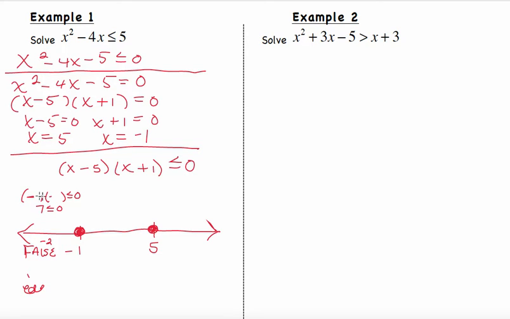Just knowing that I have a negative number for each of these factors, and knowing that a negative times a negative gives me a positive result, is enough to tell me that this is false. A positive number is not less than or equal to 0. So I don't even need to see that little 7 right there. Any positive number is not less than or equal to 0. It's false. So as I substitute to test a point in each region, I don't even have to figure out what the number is. I just have to figure out if the factors come out to be positive or negative.